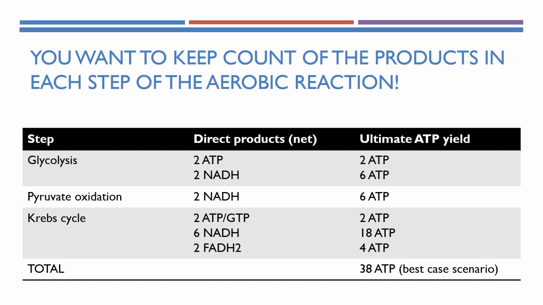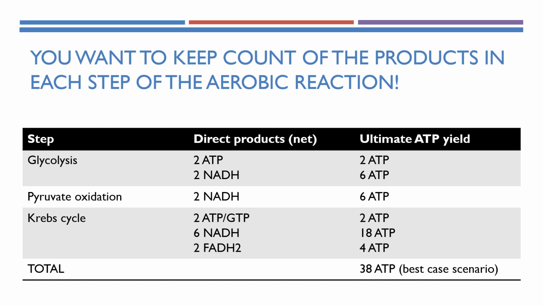phosphorylation. You then have the pyruvate oxidation producing 2 NADH, for an ultimate yield of 6 ATP at the electron transport chain. The Krebs cycle directly produces 2 ATP. It also produces 6 NADH for an ultimate ATP yield of about 18 at the electron transport chain, and then it produces 2 FADH2 for the ultimate yield of about 4 ATP.